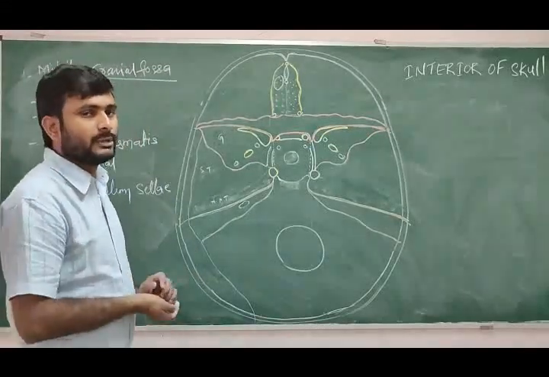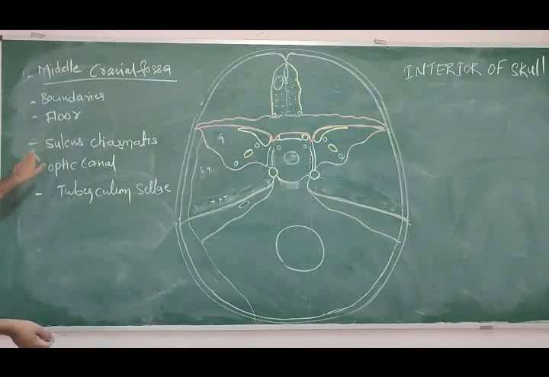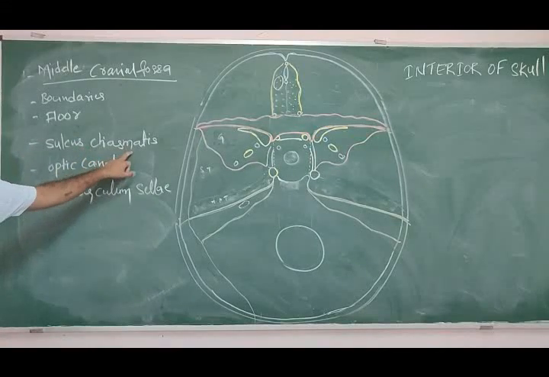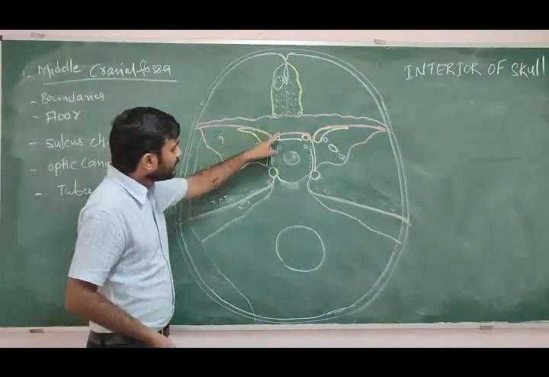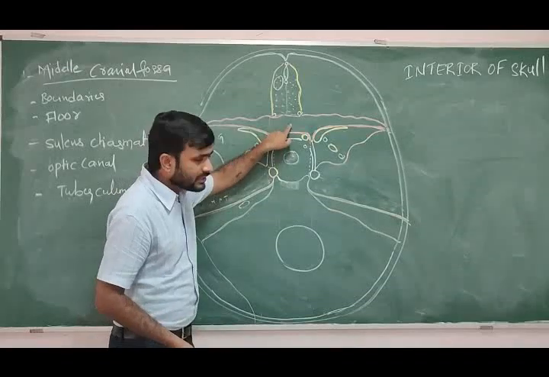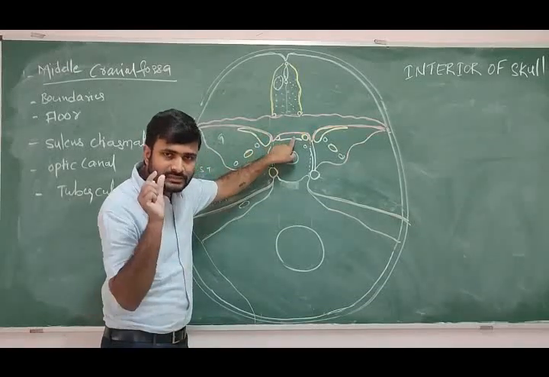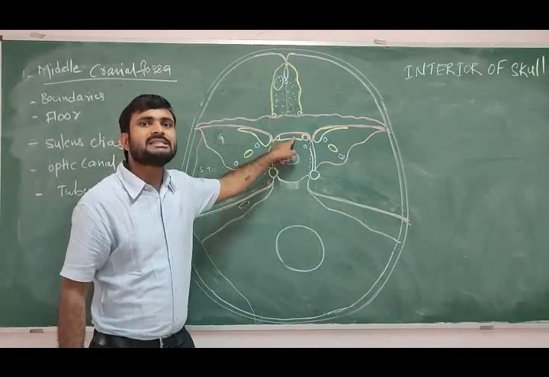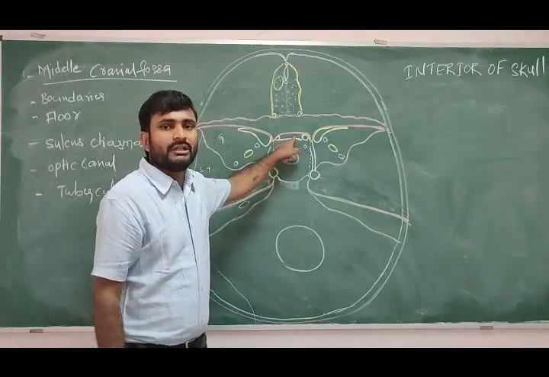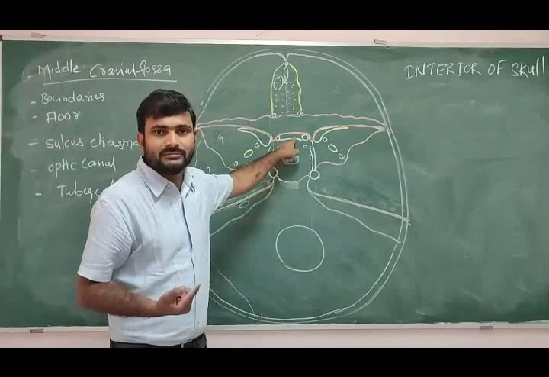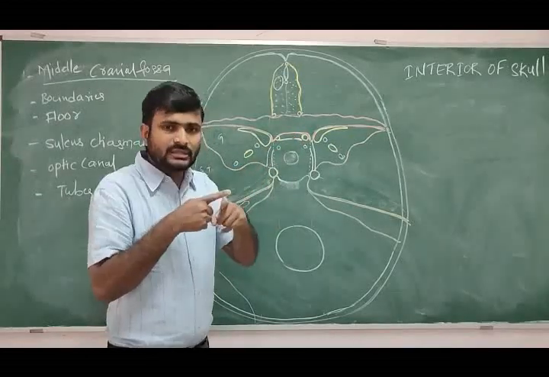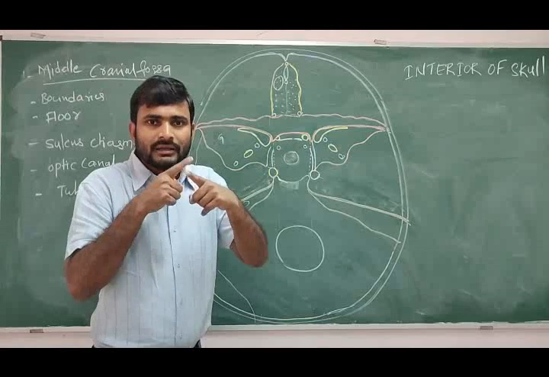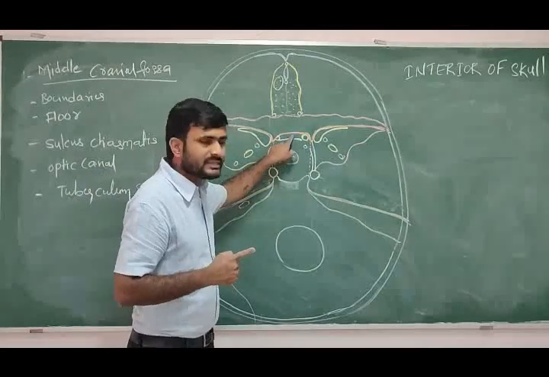Now let's talk about the parts. What are the parts? First is the sulcus chiasmaticus. Behind the jugum sphenoidale there is a groove present. That groove is called the sulcus chiasmaticus. When the optic nerve crosses from one side to the other side, it forms a chiasma. That chiasma is related to this area.